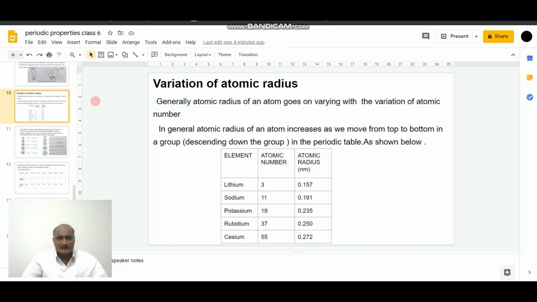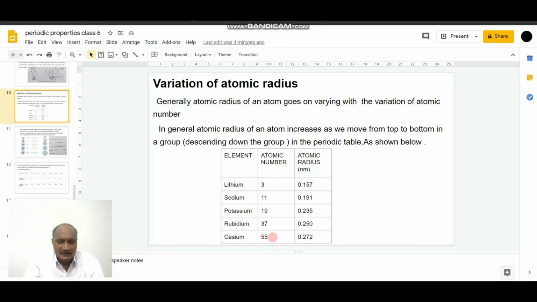In general, atomic radius of an atom increases as we move from top to bottom in a group.